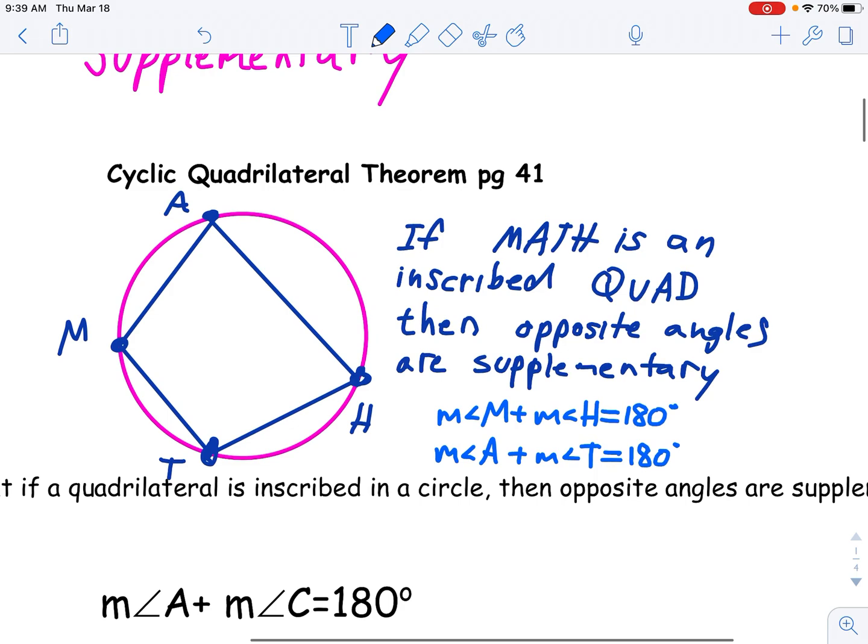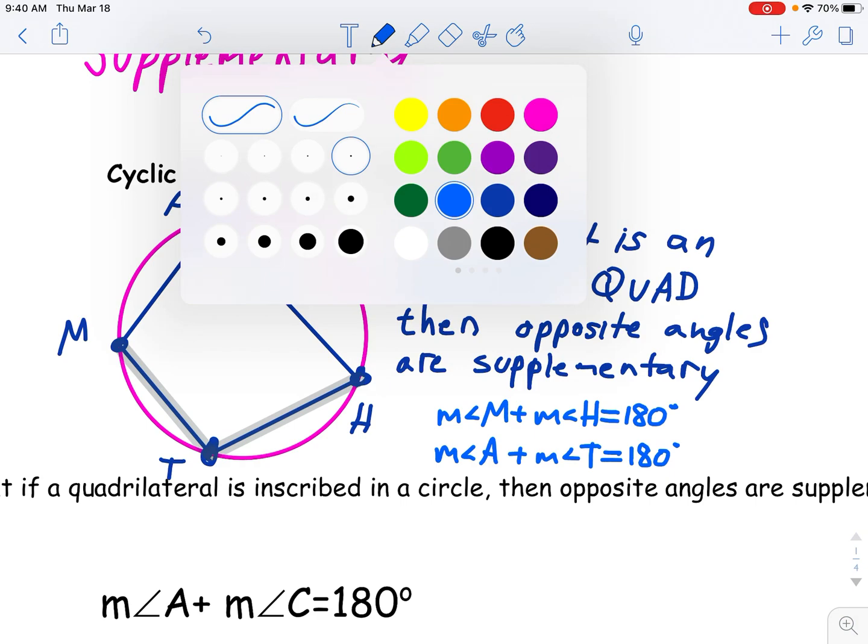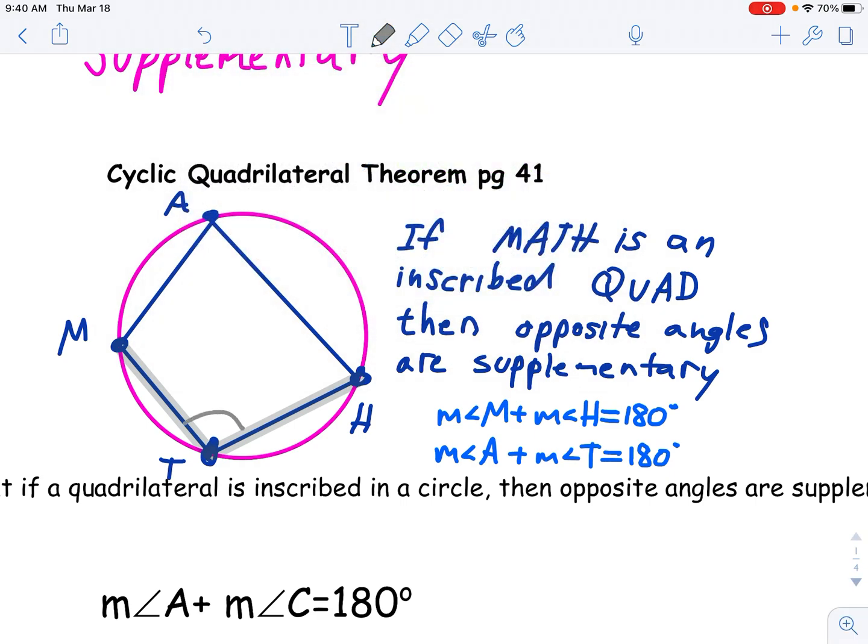Now something kind of cool: let's focus on angle T. Angle T relates to this arc over here. Remember, this angle measure is half of arc MAH.